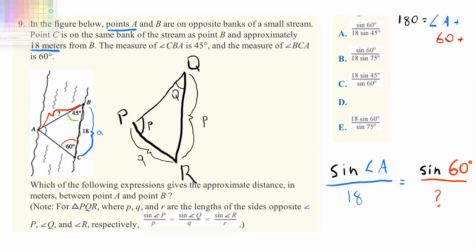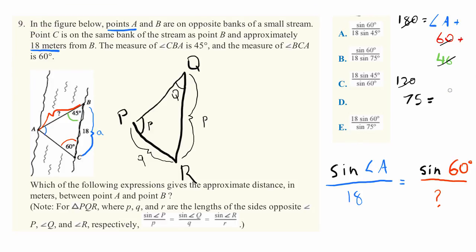And then if we go ahead and do the arithmetic here, we have 180 minus 60. If we subtract 60 from that, that becomes 120. If we subtract another 45 from that, that becomes 75. So angle A is equal to 75 degrees.